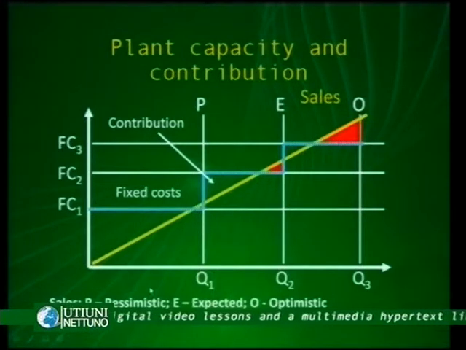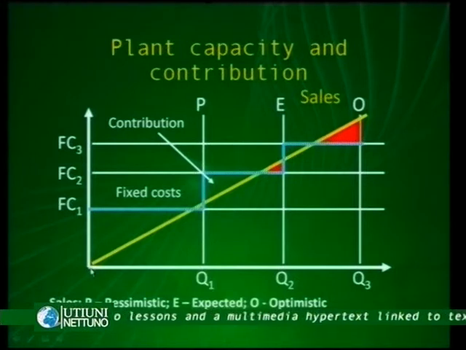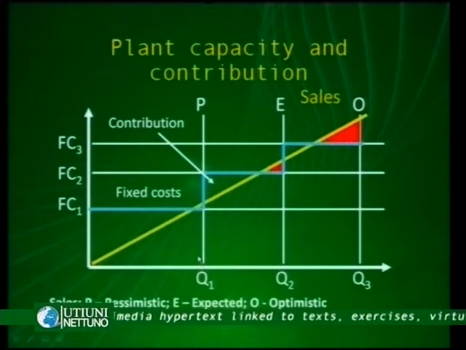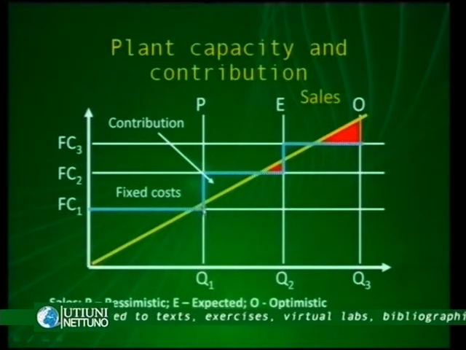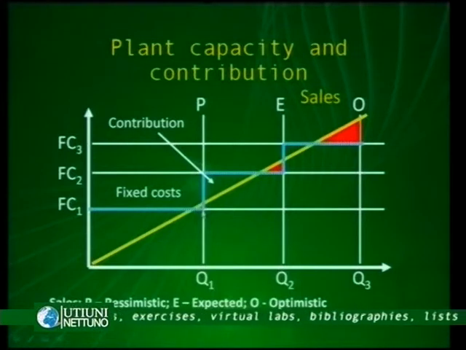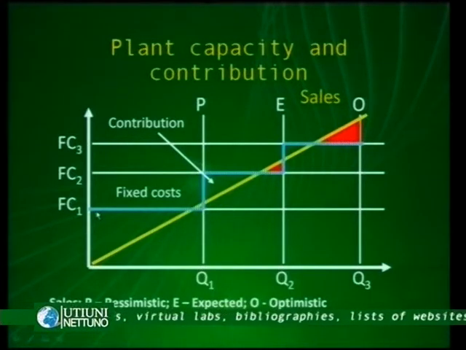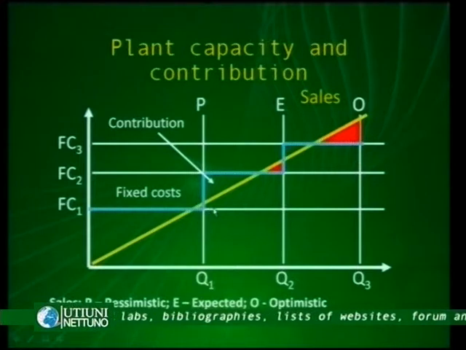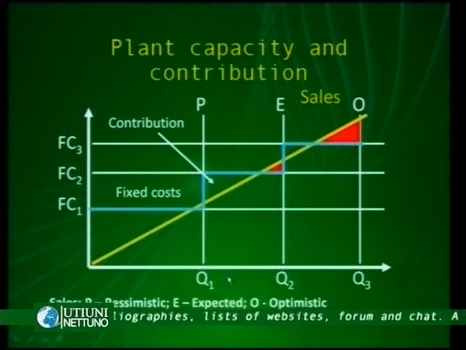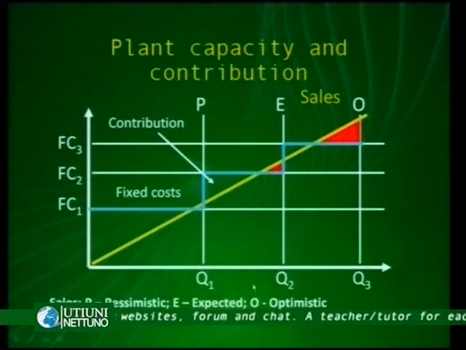Now, if we have this first scenario, Q1, then the level of sales is just sufficient for covering the fixed cost. If we have a higher level of production and sales, so between Q1 and Q2 here, we have the level of sales which is lower than the fixed cost.